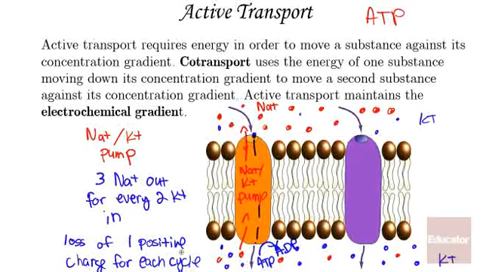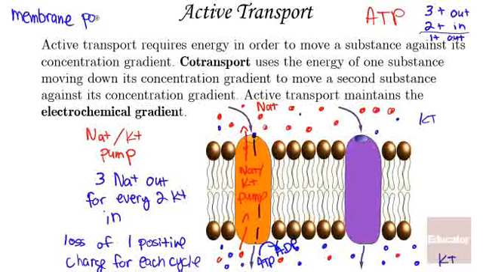So for each ATP used or each turn of this pump, there's a loss of 1 positive charge because 3 positive charges, 3 sodiums are going out, only 2 are coming in, net loss of 1 plus out. The result is going to be that the cell has a relatively negative charge compared to the outside. That charge difference is called membrane potential. And we'll talk about this in more detail when we talk about the neurological system, the nervous system.